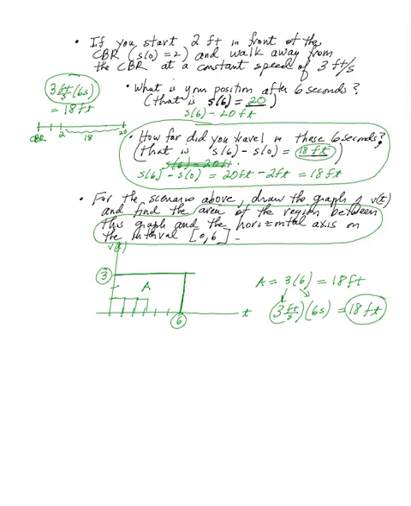Page 373, the distance problem. And they end with saying, on page 375, the distance traveled is equal to the area under the graph of the velocity function.